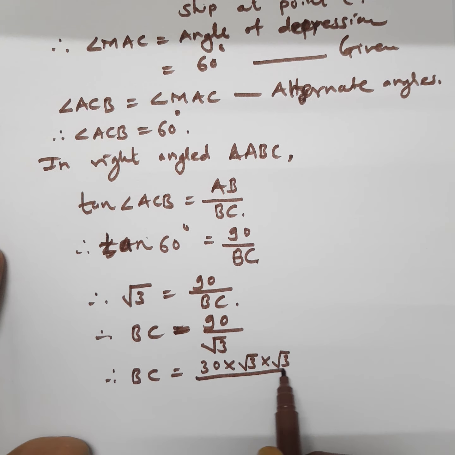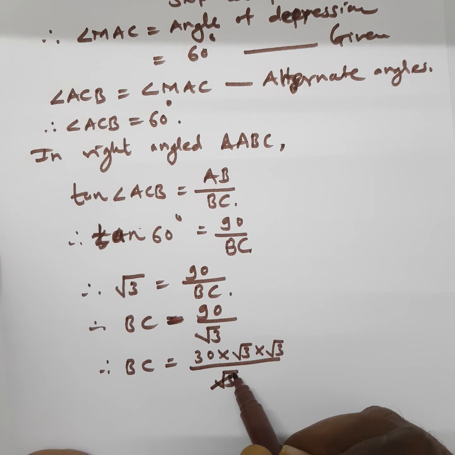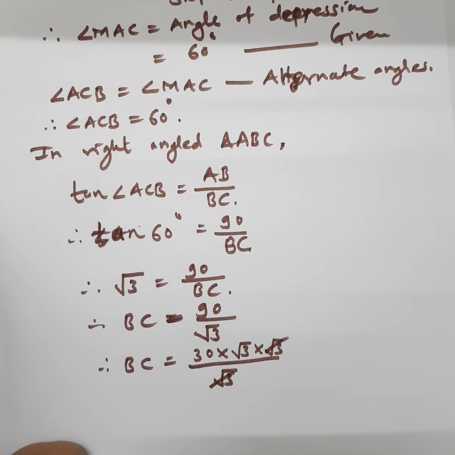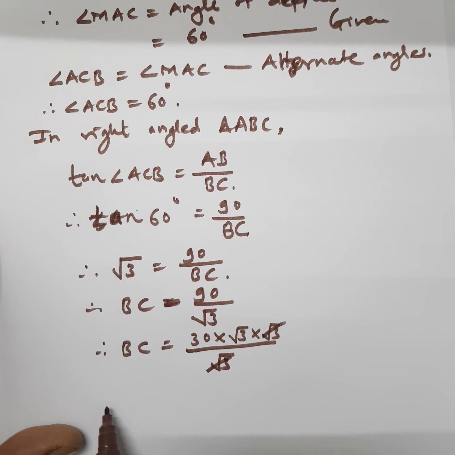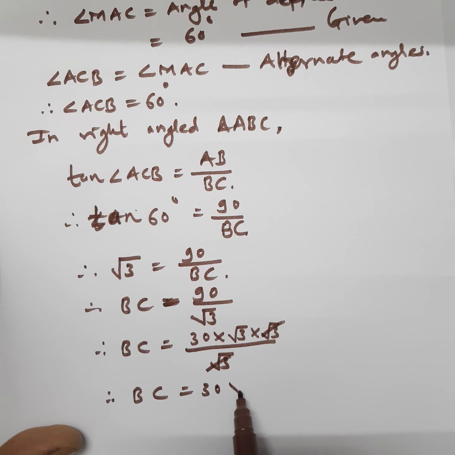Because in denominator there is root 3, to divide root 3 and eliminate it, we split 90 as 30 into root 3 into root 3. Therefore, BC is equal to 30 root 3, but the value of root 3 is 1.73.